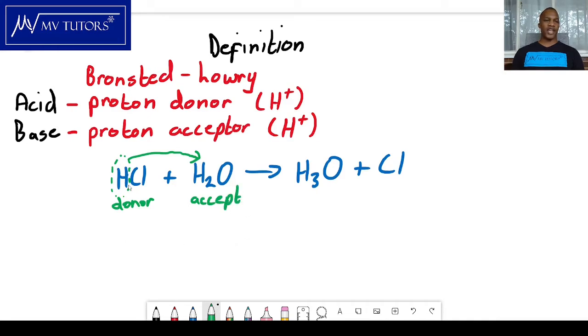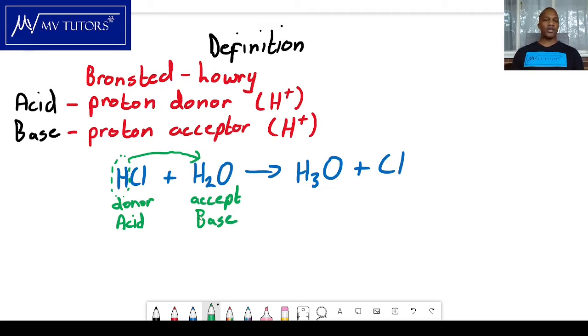So, because HCl is the donor, that means that HCl is the acid, okay? And H2O then is the acceptor, so it becomes the base. Okay, so just like that.